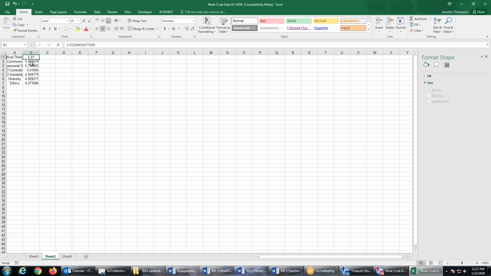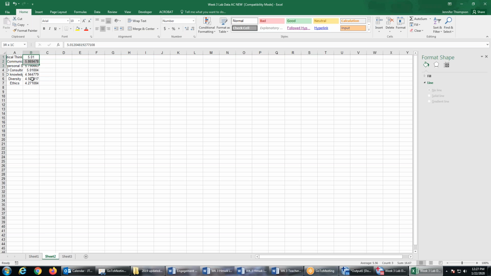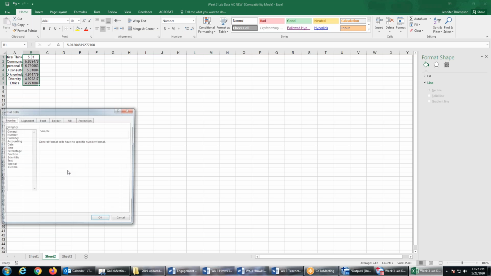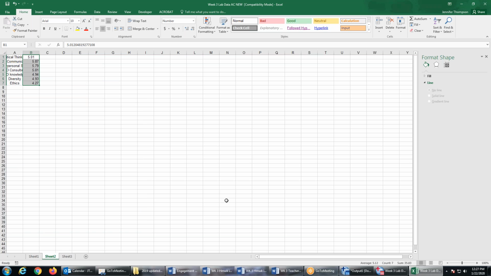But see, it actually isn't even sorting properly because it's putting this critical thinking. Let me do this. Cells number, okay. Okay, why is this?